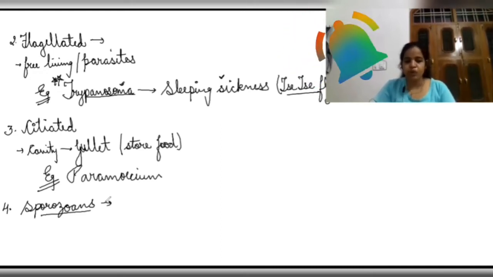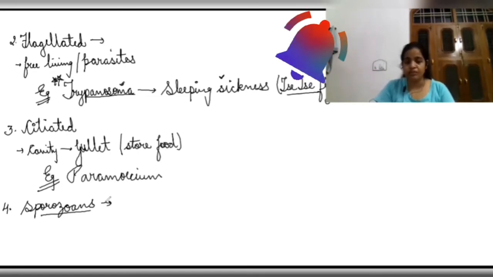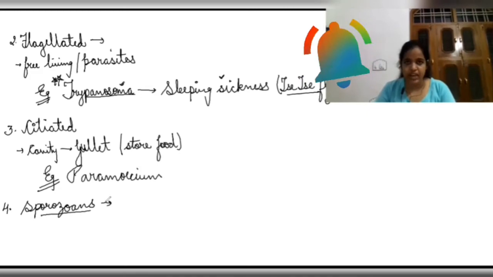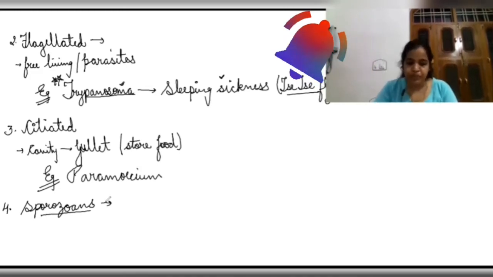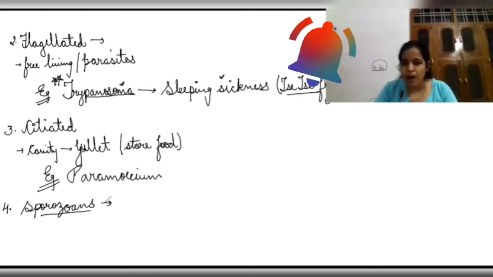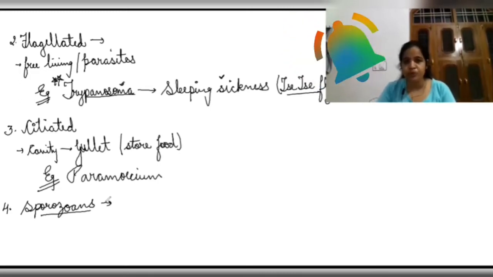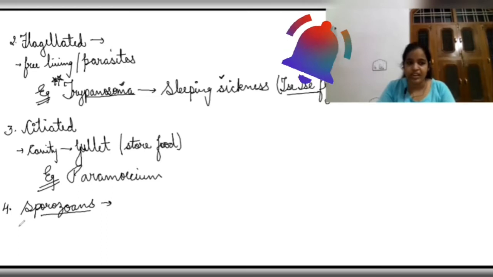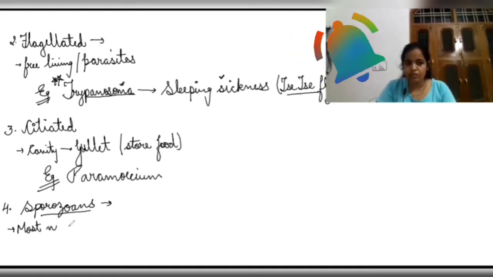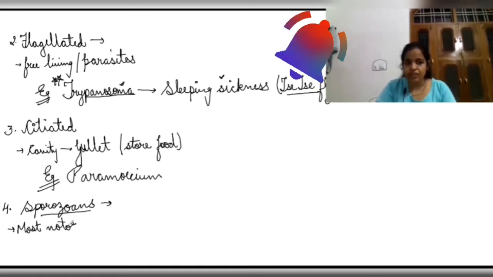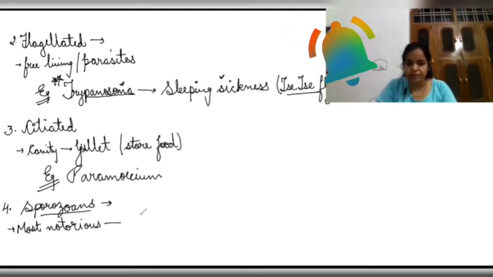So all the spore-like stages will be there in the life cycle of these protozoans. Those are placed in this group. The most common and the most notorious protozoa, yes, the question is asked from this point, the most notorious member is Plasmodium.